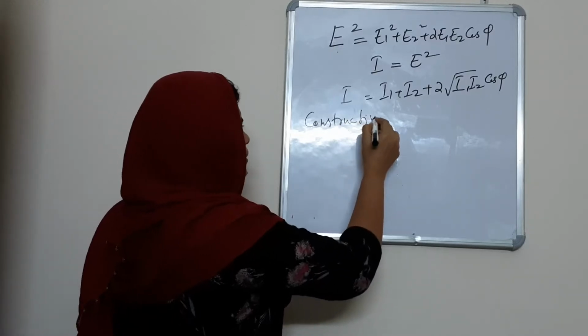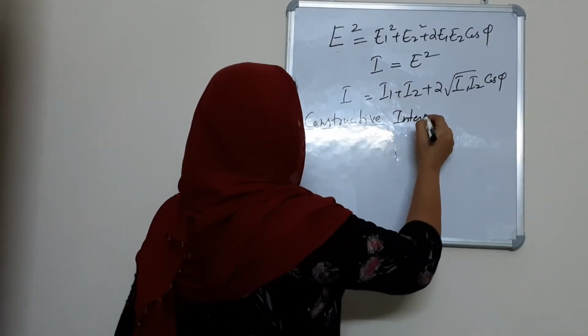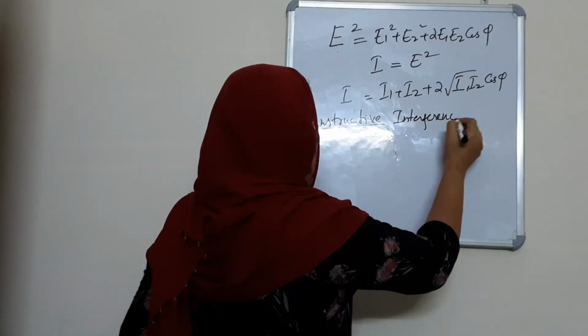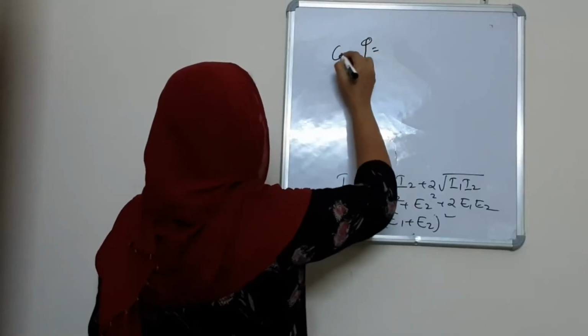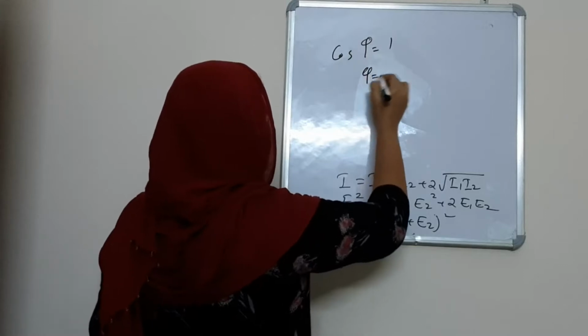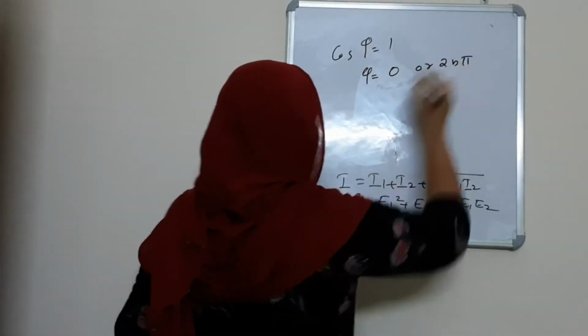Constructive interference means the point or condition for maximum brightness. Here cos phi is equal to 1, so phi is equal to 0 or 2n pi.